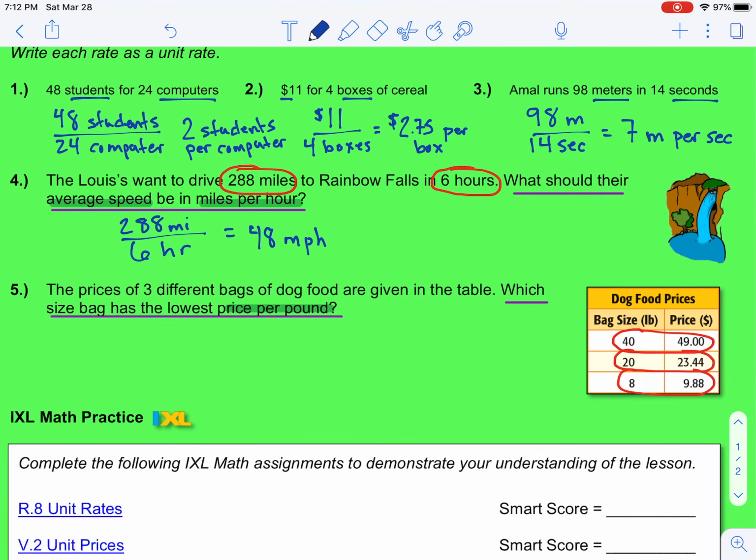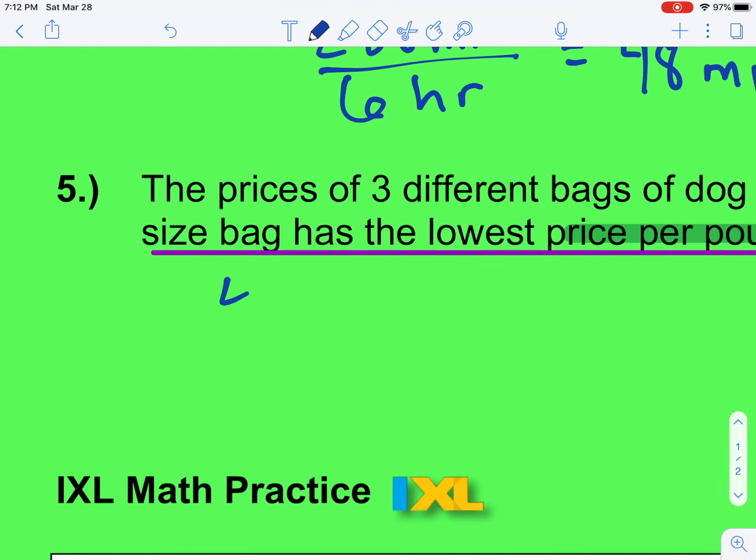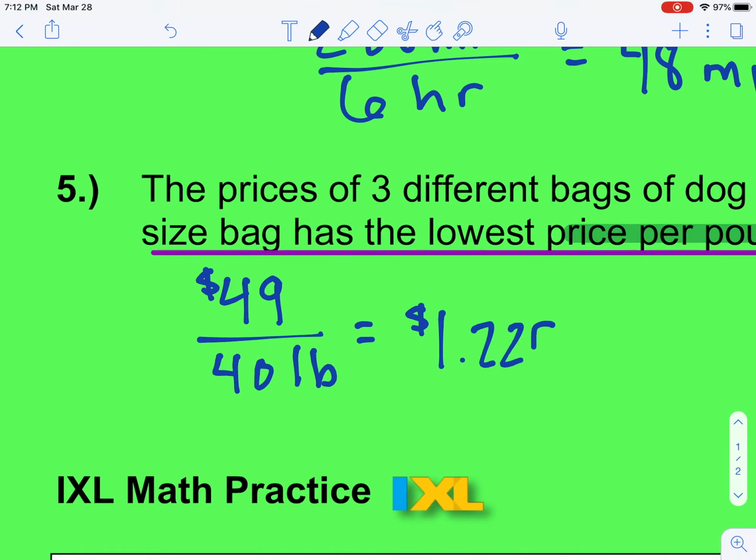So I'm looking for price per pound. So my first bag is $49, and I'm getting 40 pounds of food. So if I divide 49 divided by 40, I get $1 and about 23 cents per pound. And I'm not going to round yet, just in case something's close.